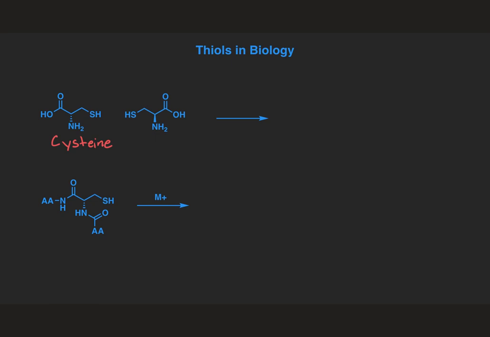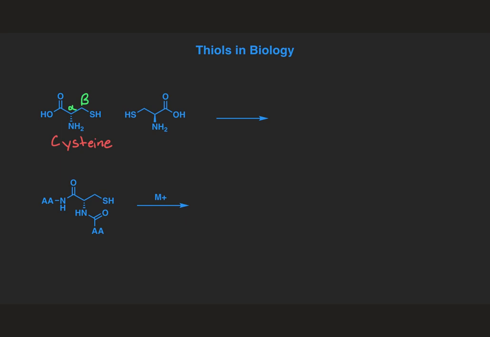And they're alpha amino acids because the amine group here is on the alpha carbon. This is the alpha carbon to the carbonyl here, or the carboxylic acid here. So the amine group is on the alpha carbon, and in this case, on the beta carbon, we have a thiol.